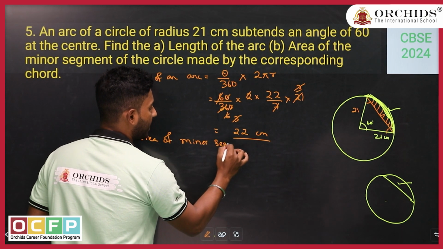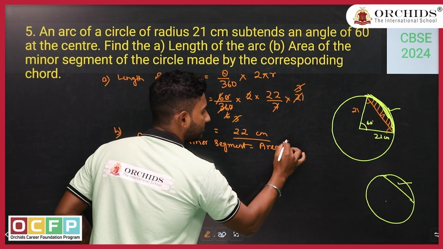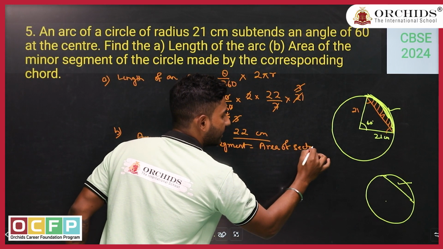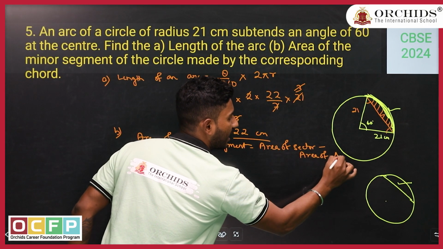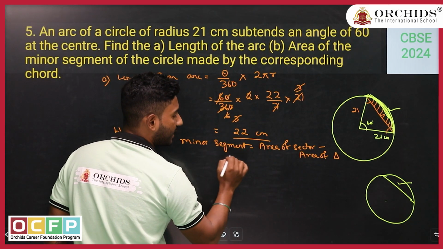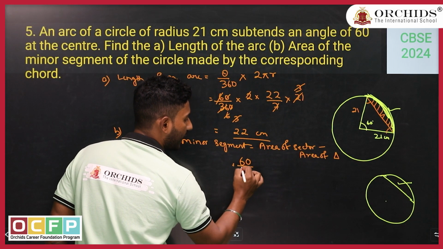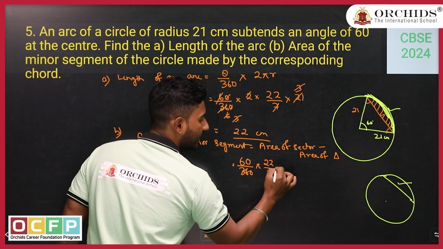So number B, I have to find the area of minor segment. Now area of minor segment will be equal to area of sector minus area of triangle, this triangle that you have. Just put the values. What is area of sector? Theta by 360 into pi r square.